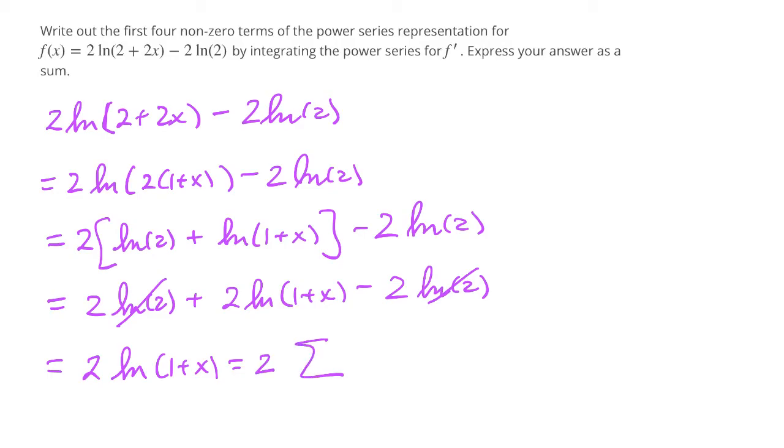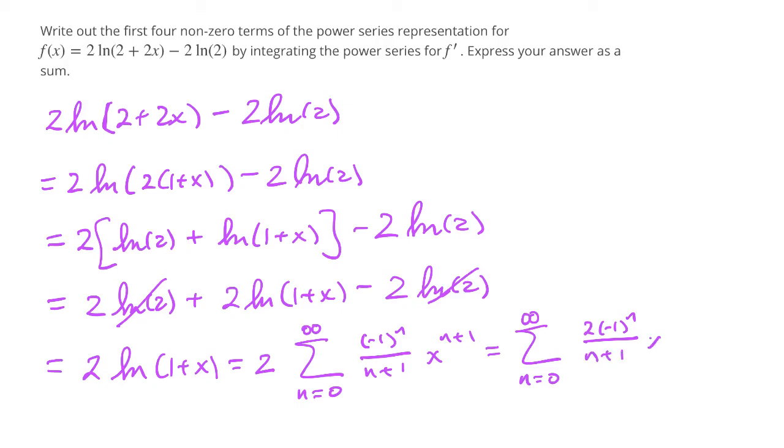I just did it. That one is the sum from n equals 0 to infinity of minus 1 to the n over n plus 1, x to the n plus 1 power, and all of that multiplied by 2. So I actually have a power series expansion: the sum from 0 up to infinity of 2 times minus 1 to the n over n plus 1, x to the n plus 1. And if I want to write out the first 4 non-zero terms of that series, what will it look like?